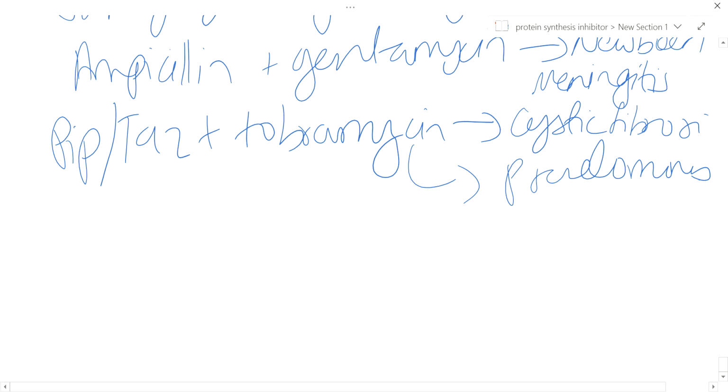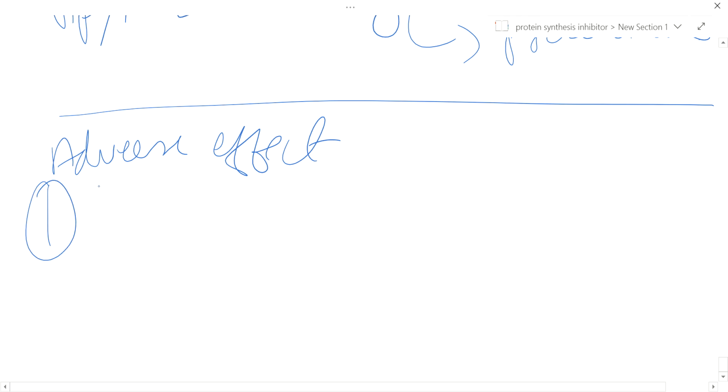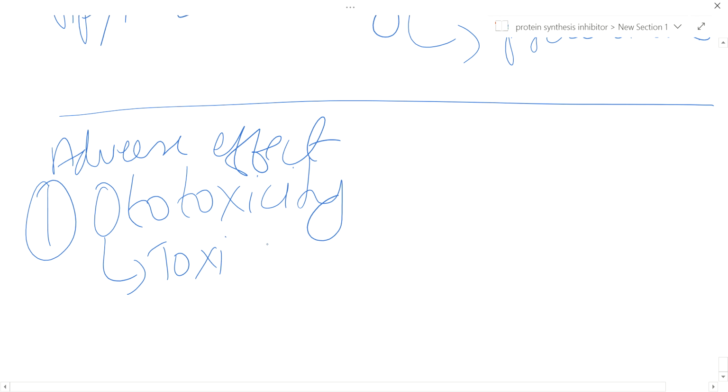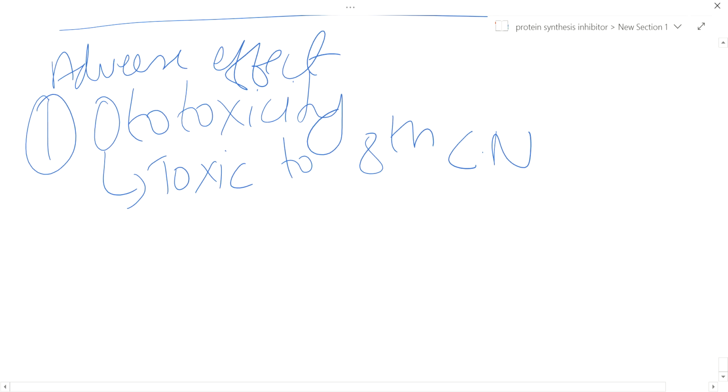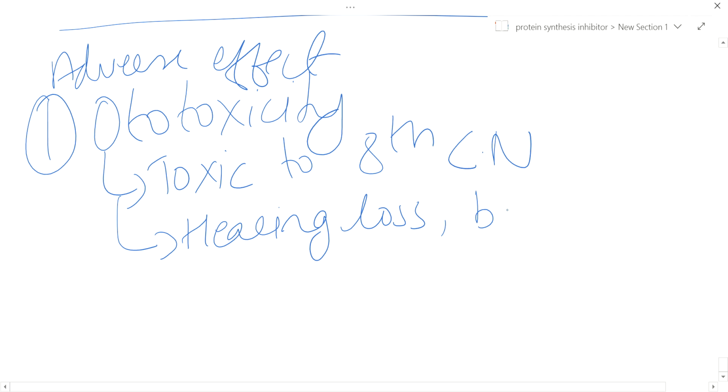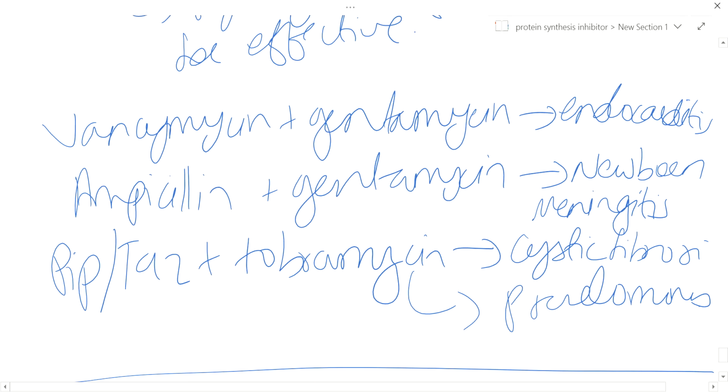So let's learn about the adverse effects of aminoglycosides. The most common side effect of aminoglycosides is ototoxicity. It is toxic to the eighth cranial nerve, so it causes hearing loss and balance problems, as it affects the vestibulocochlear nerve.